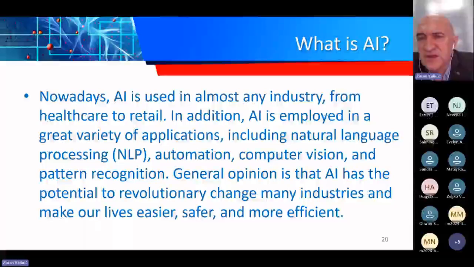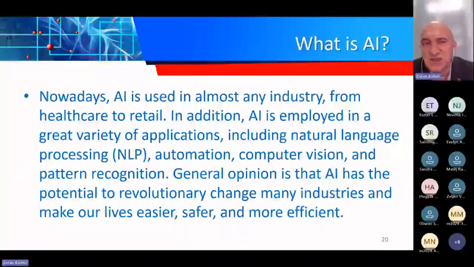Some of them are natural language processing, and we will discuss later the options for how AI systems can understand what we are saying, how they can transfer it to knowledge that is understandable to us, and then produce an answer and give us the answer in spoken form.